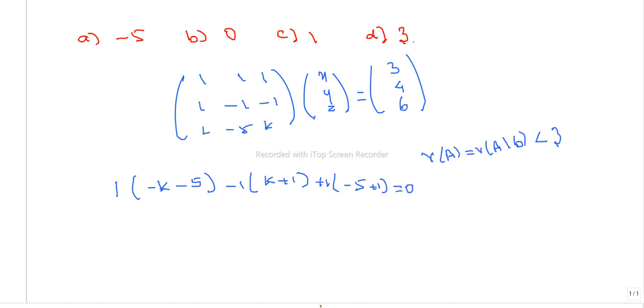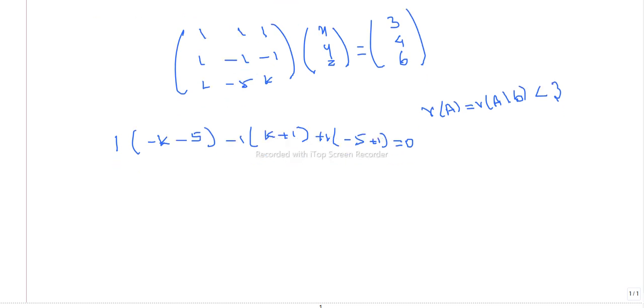That should be 0, because if the determinant is non-zero, the rank should be 3, then you get a unique solution, but we need infinitely many solutions, therefore the determinant should be 0. If you simplify this, we get minus k minus 5 minus k minus 1 minus 4 equal to 0. So minus 2k minus 10 equal to 0. Therefore k should be what? Minus 5.